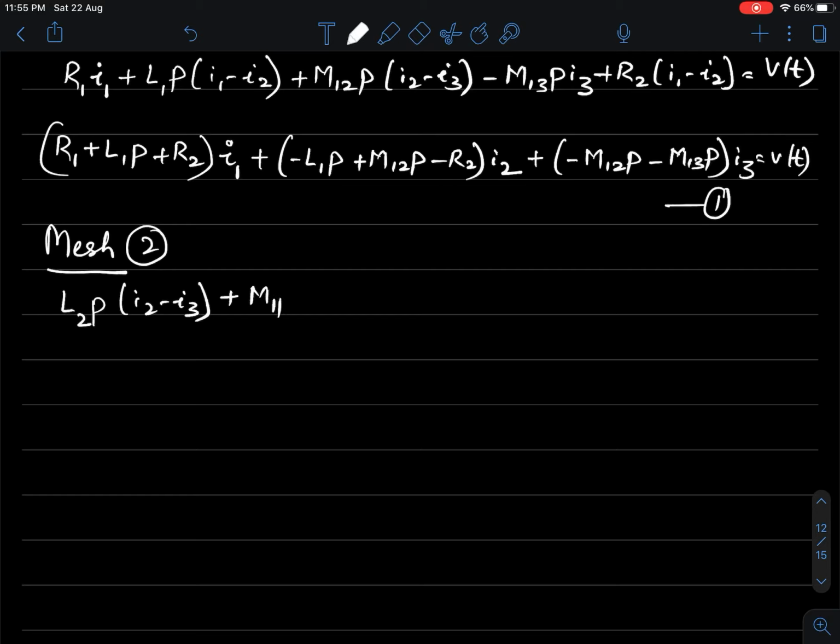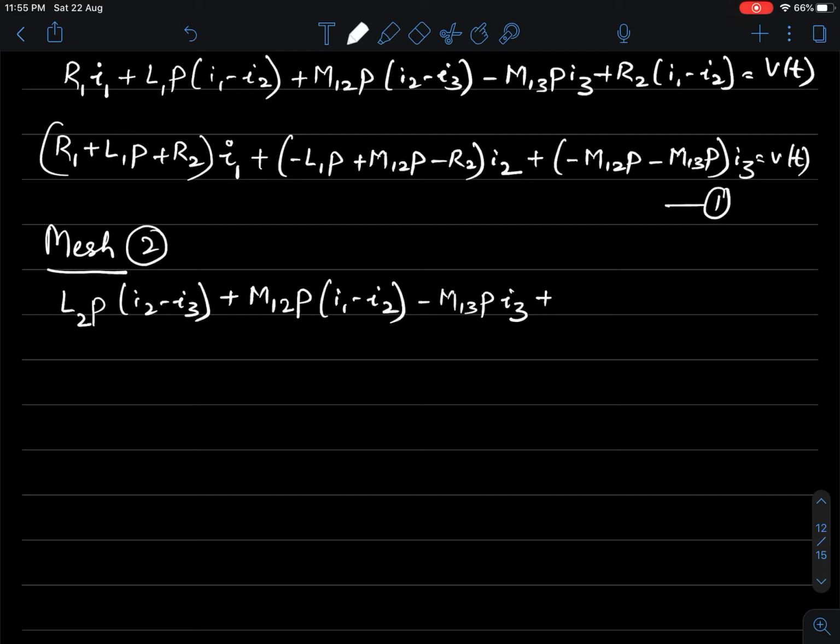mutually induced EMFs, M12P into I1 minus I2. Why is it positive? Because it's a drop in potential. I've hit the positive polarity first, so positive to negative is always a drop in potential. Then I come across a gain in potential, minus M13P into I3.